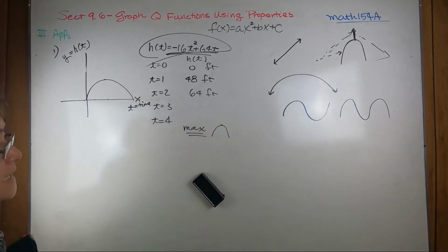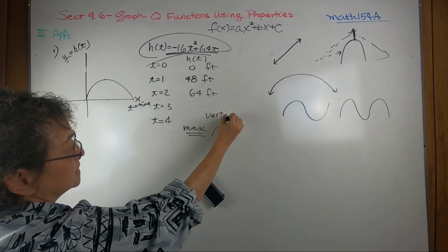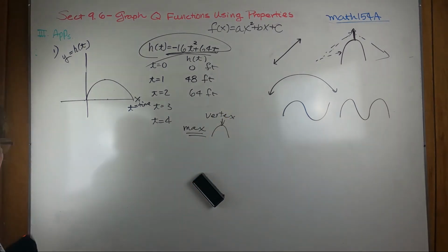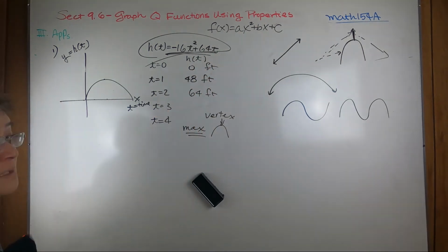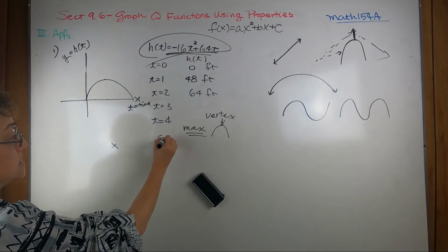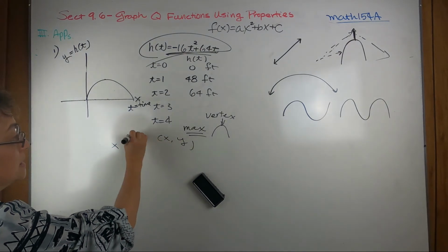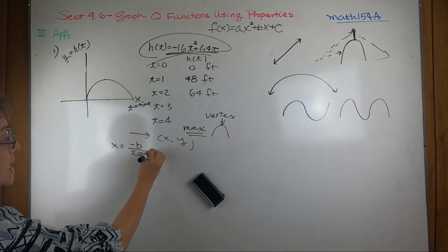So then the highest point is what? Your vertex. Is that right? Then how do we find the vertex for the standard form? Same as this. We just learned x is what? The vertex is (x, y), right? Then x is negative b over 2a.